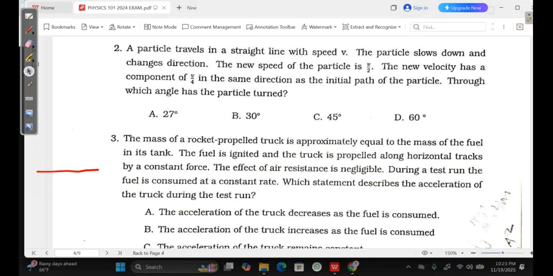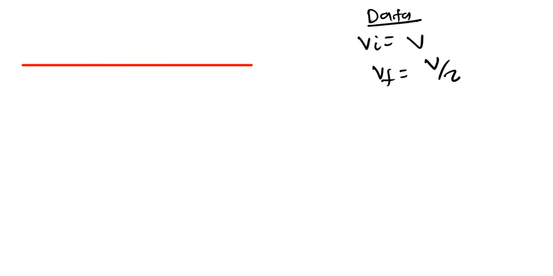Now I go back to the question. The new velocity has a component of v over 4. Now look at this. How do we find the component in the x-axis? Let's go back to vectors.